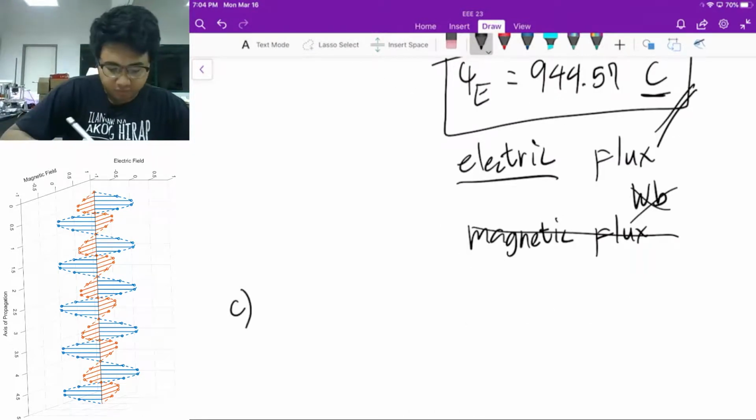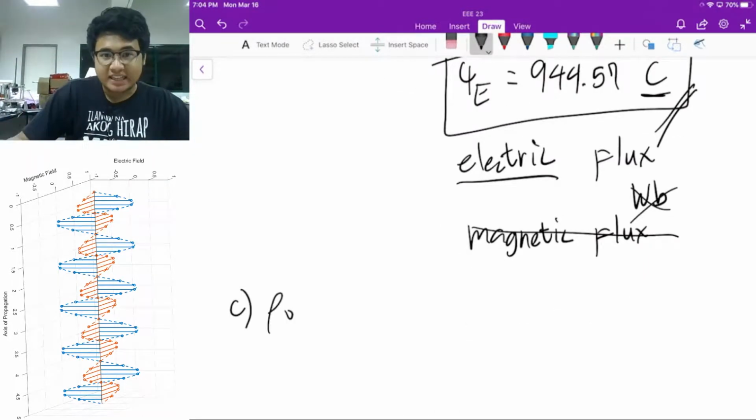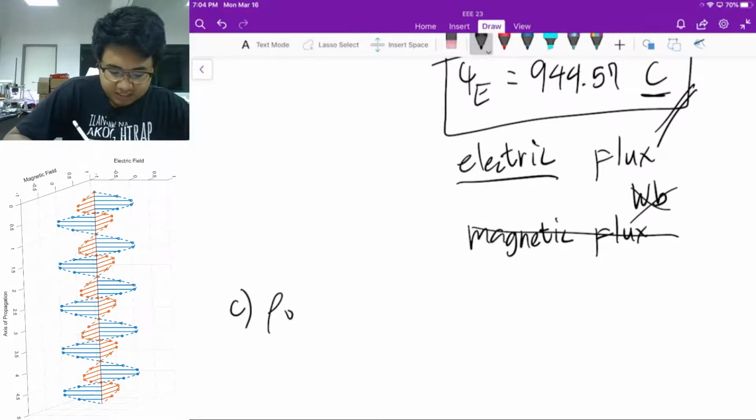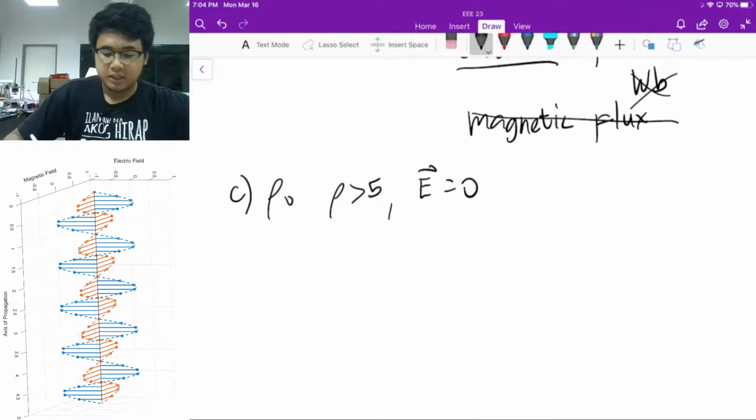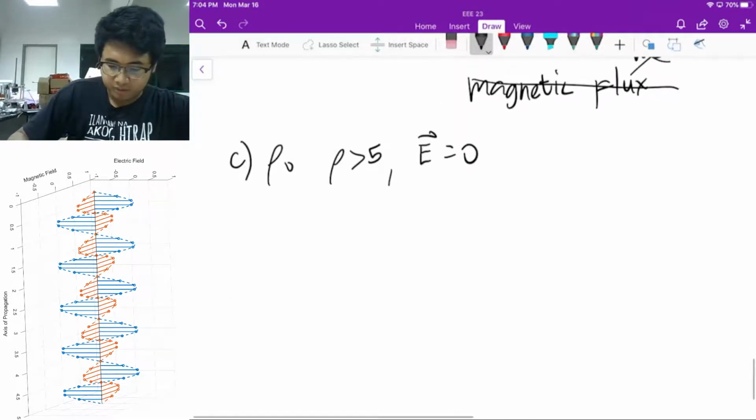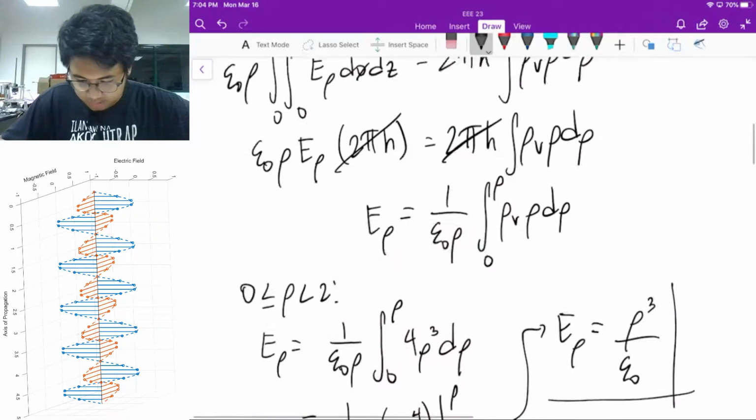Right. So last, letter C. What is the value of rho naught such that the electric field intensity at rho greater than 5 is 0? So to do that, we're going to go back here.